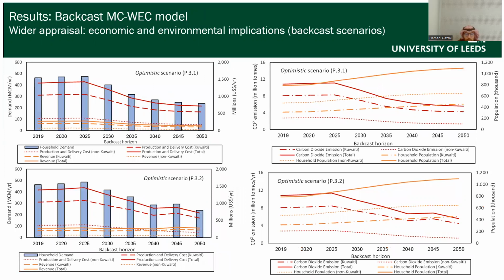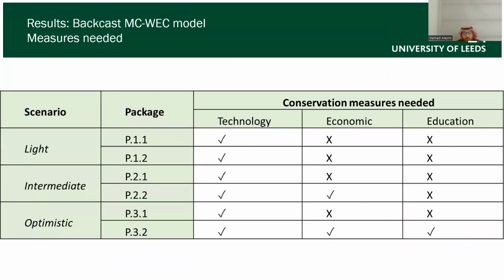For the last target, the aggressive one, the production has significantly dropped, and the gap between the cost and revenue has reduced, especially for the second package, where the price increase has been applied for all population segments in the household sector. Carbon emissions have decreased to slightly above 400 million tons in 2050.